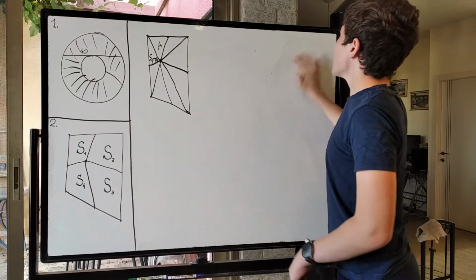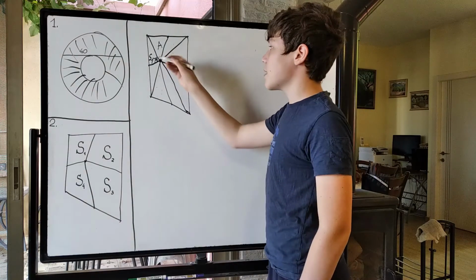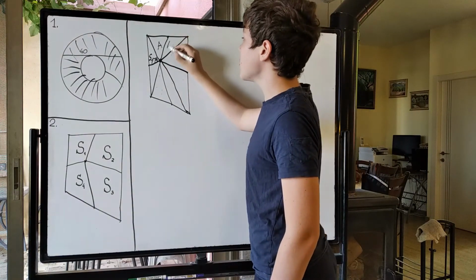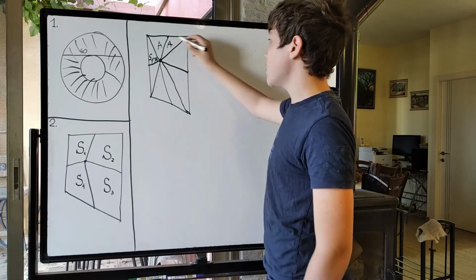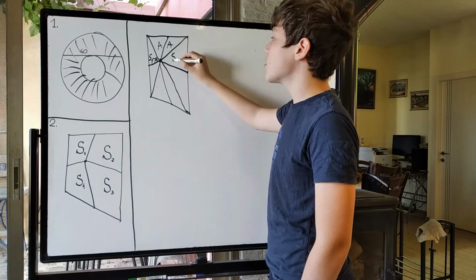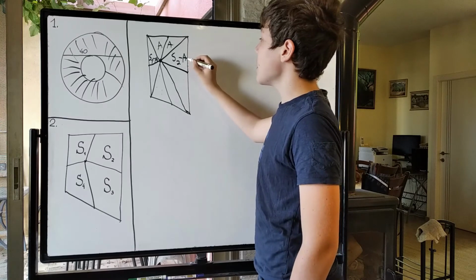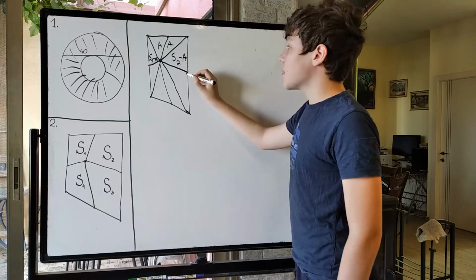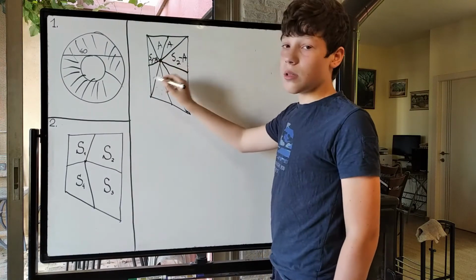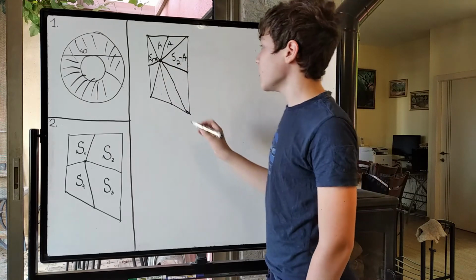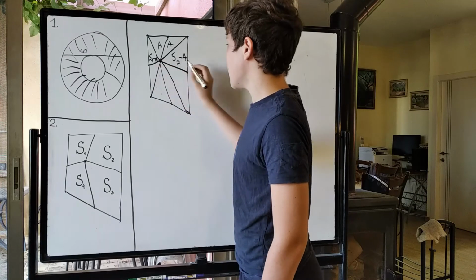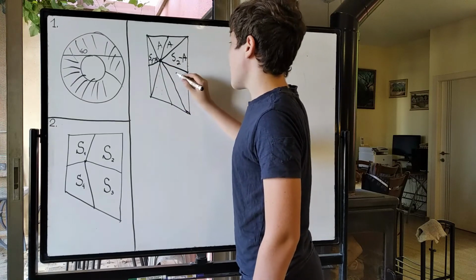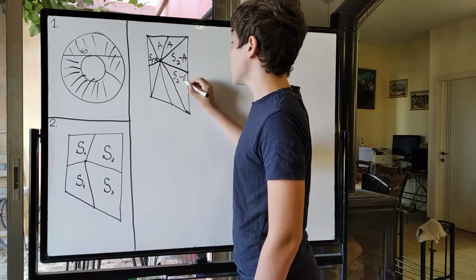So we can say that if this area is A, because this is the midpoint, this area is also A. But remember that now this area is S2, so this is S2 minus A. But now we can do this on both of these. This is S1 minus A, and this is S2 minus A, again because of the midpoint.